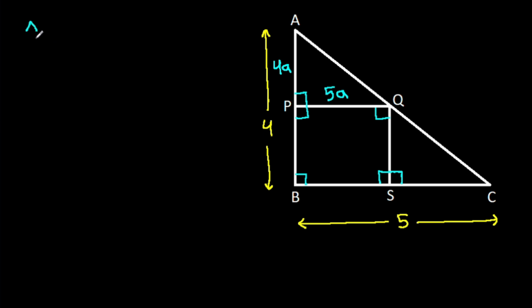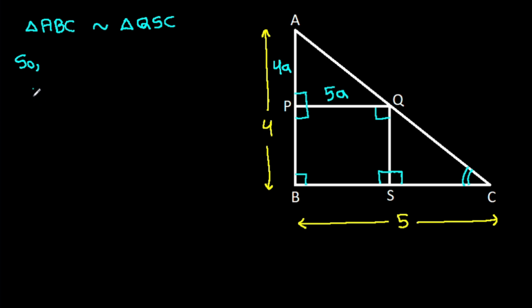Also triangle ABC will be similar to triangle QSC, because one angle is 90 degrees and angle C is common.